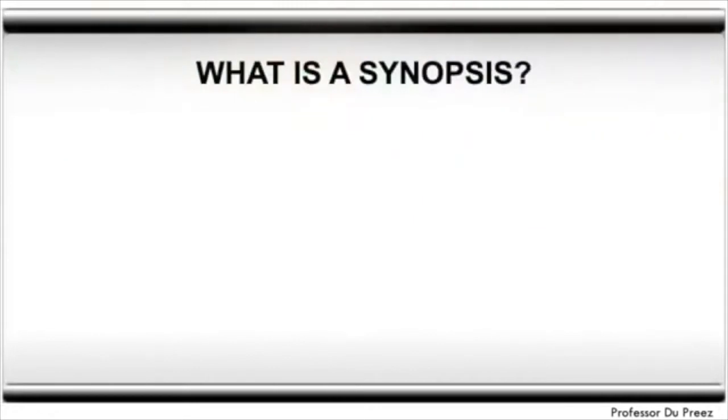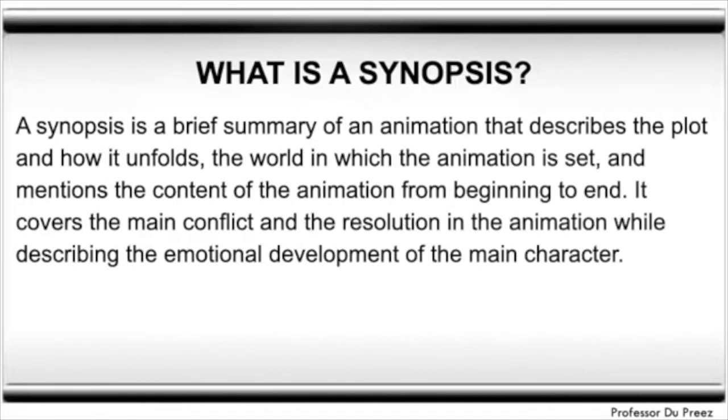What is a synopsis? A synopsis is a brief summary of an animation that describes the plot in broad strokes, the world in which the animation is set, introduces the main character or characters, and what the characters do to get what they want, who or what stands in their way, and how it unfolds, and mentions the content of the animation from beginning to end.